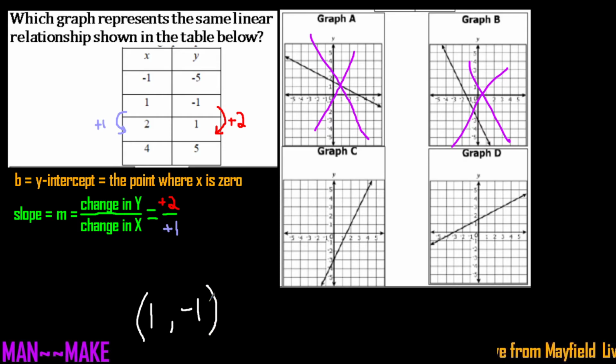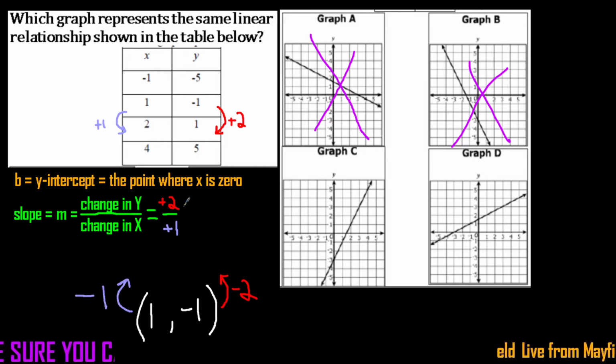You can say that we can go up the ladder, meaning this, I can go minus 2 for my change in y, and I can go minus 1 in my change in x. That would still give us the same ratio and same slope, however we're going down and to the left.